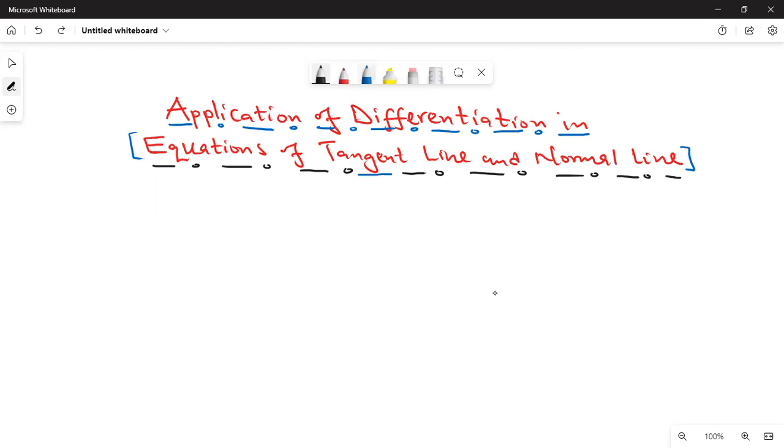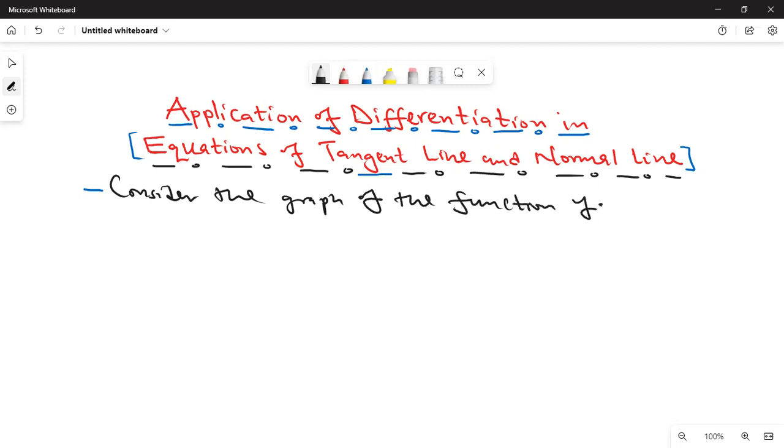I want us to consider the graph of the function y equals f of x. Let me draw it here.